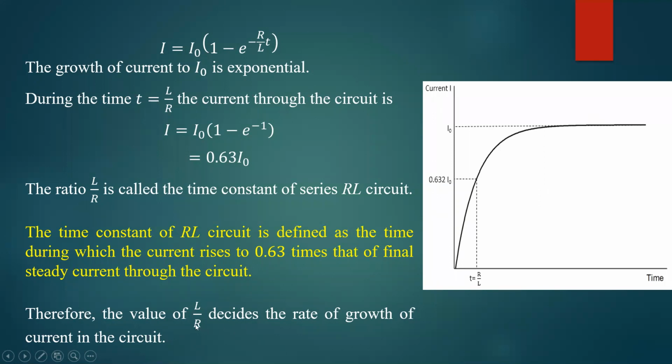If L by R is smaller, the current increases quickly. If this is small, the current increases fast; if it is large, it increases slowly. That is how you can understand the concept of the growth of current in an RL circuit.